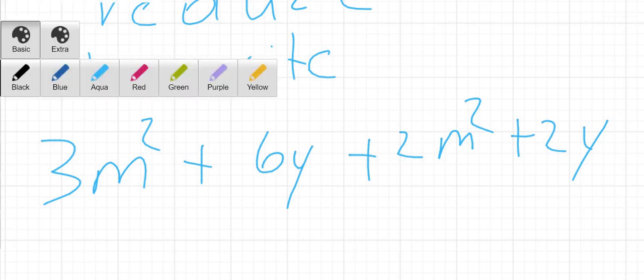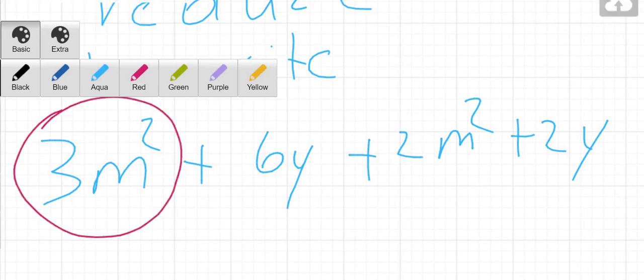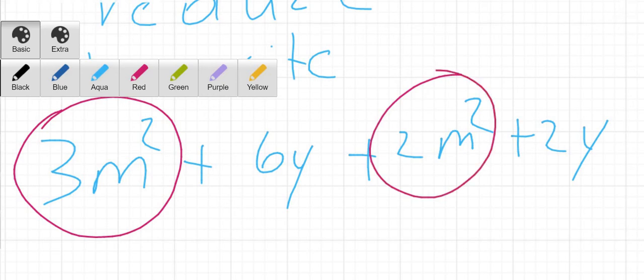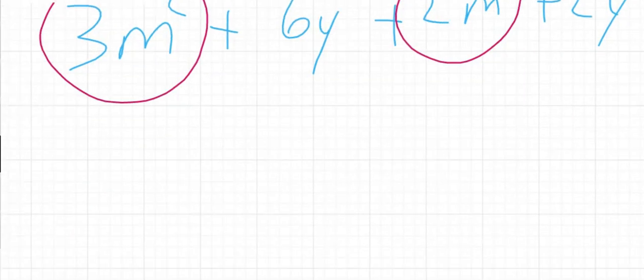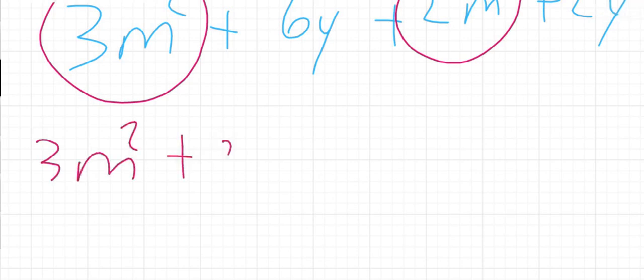When we examine this expression, we see that this term has an m squared in it, and also this term has an m squared in it. So these two will be considered as like terms. So we'll write them together. This is what we mean by grouping them, putting them together.